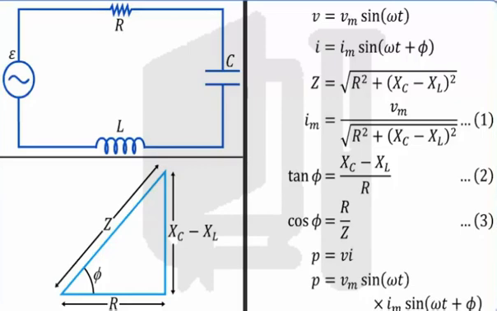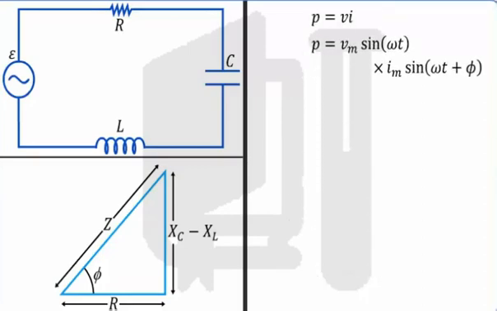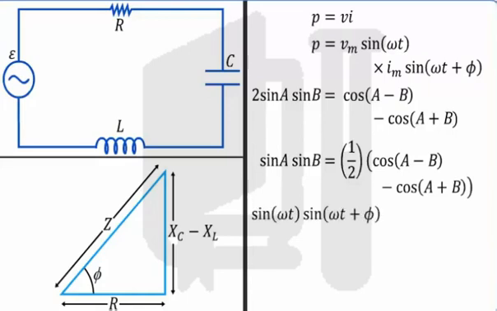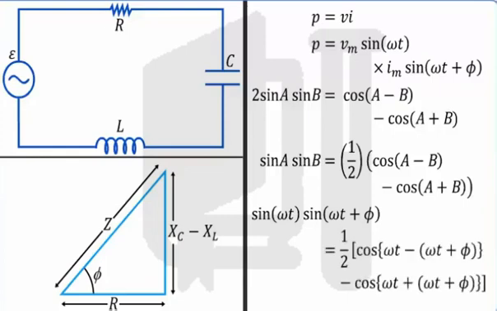Using the trigonometric identity, 2 sin A sin B is equal to cos(A minus B) minus cos(A plus B), or sin A sin B is equal to half of [cos(A minus B) minus cos(A plus B)]. We get sin omega t into sin(omega t plus phi) is equal to half into [cos(omega t minus omega t plus phi) minus cos(omega t plus omega t plus phi)].